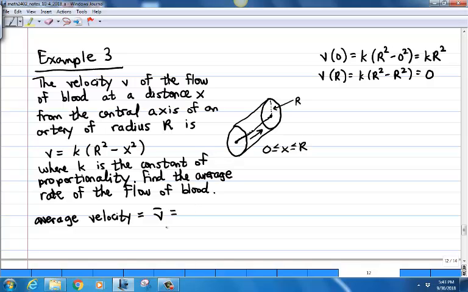So remember, our average value formula says what? We take the length of that interval, so that's going to be 1 over capital R minus 0, and then we multiply that by the definite integral from 0 to R of our velocity function, which is going to be k times r squared minus x squared.